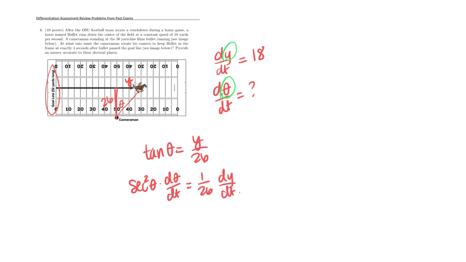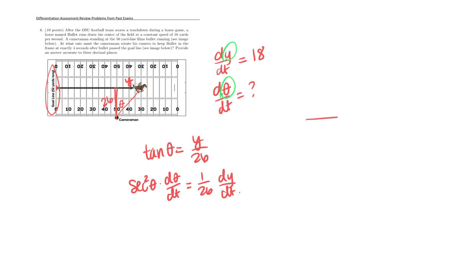And then I'm asked to do this exactly 4 seconds after Bullet passed the goal line. So if this is the goal line, after 4 seconds, I can do 18 yards per second times 4, and I get 72. And if we're looking for how far he is past the 50-yard line, I'll have to subtract 50 from that, and I get that y equals 22.